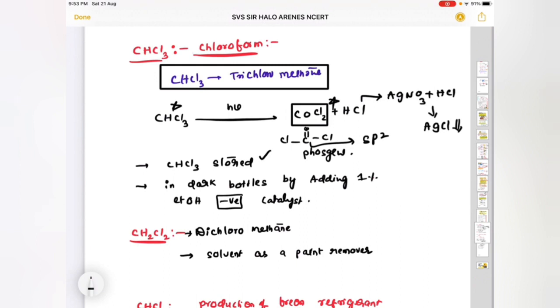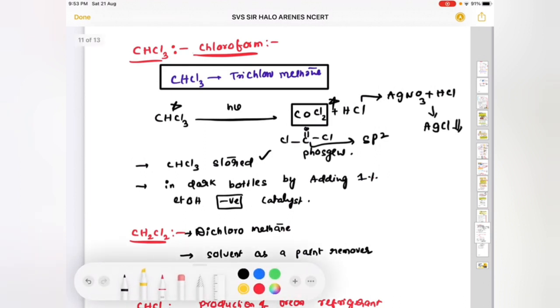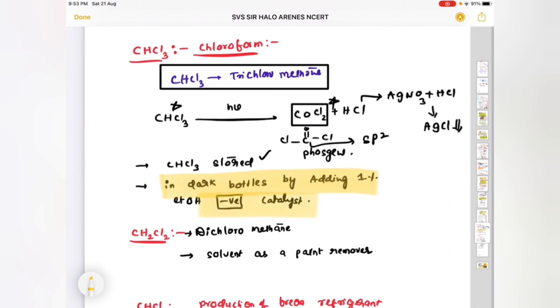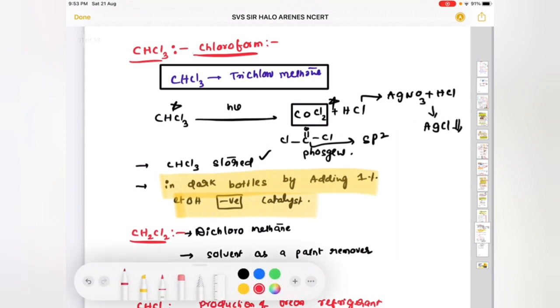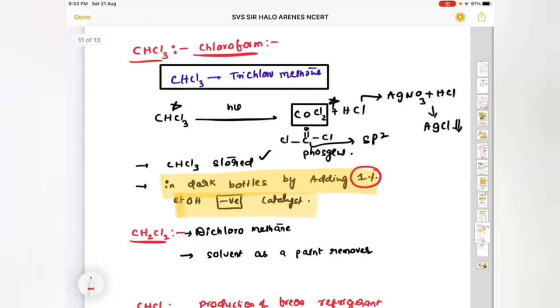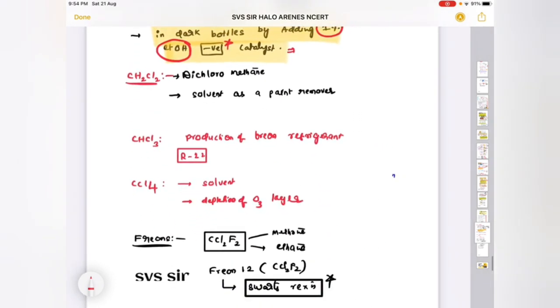That is the reason chloroform is stored in dark colored bottles by adding 1% of ethyl alcohol, which acts as a negative catalyst that prevents oxidation. Next, CH2Cl2 is called dichloromethane, used as a solvent for paint remover.